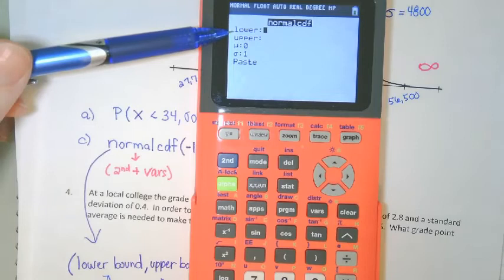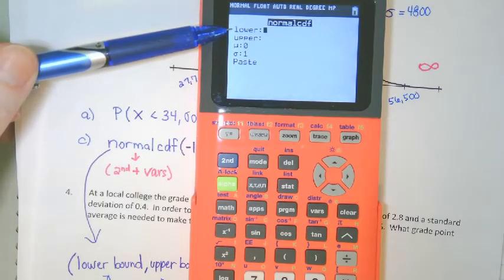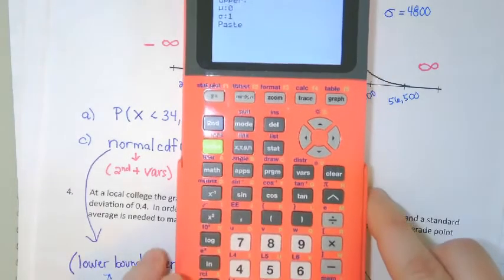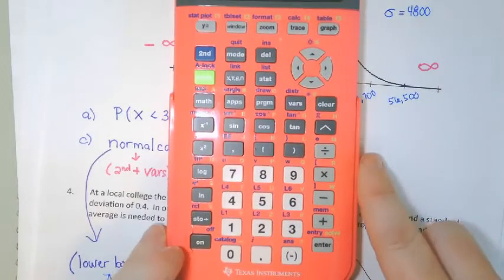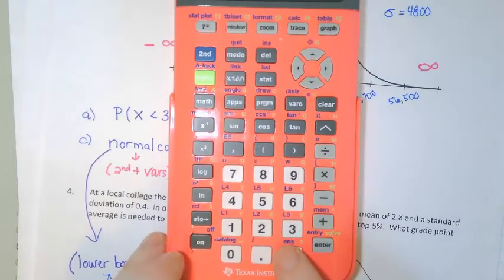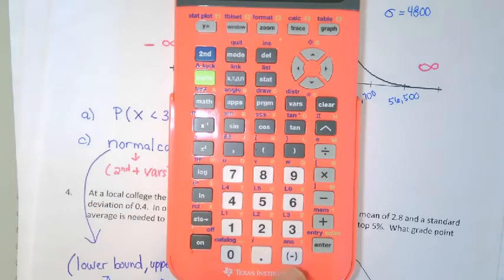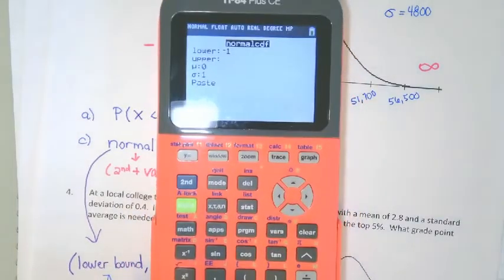So first thing I'm going to enter is the lower bound, which we said was negative infinity. So again, to enter negative infinity, I'm going to start by typing a -1. So I'll hit the negative key and then a 1. And you want to make sure you're hitting the negative key and not the minus key, because you won't get the same answer. So I have my -1.